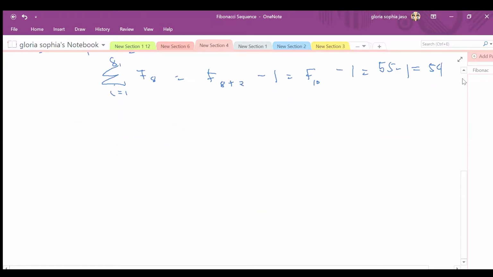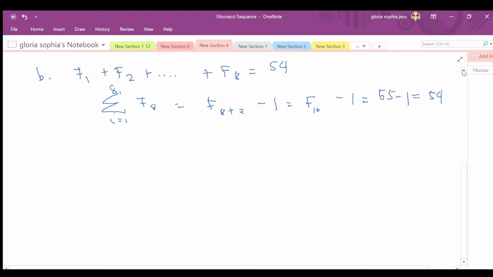So, let's try another one. Let's try the sum of f sub i from 1 to 21. Okay, so let's use the formula.